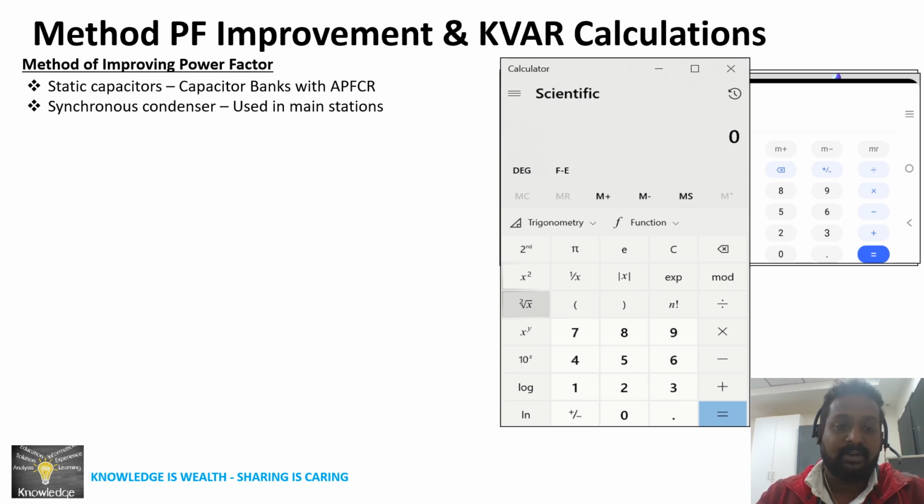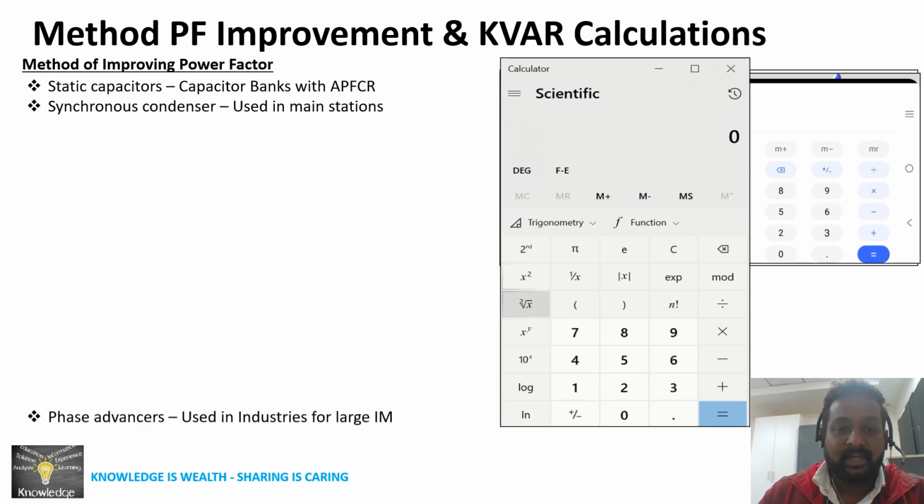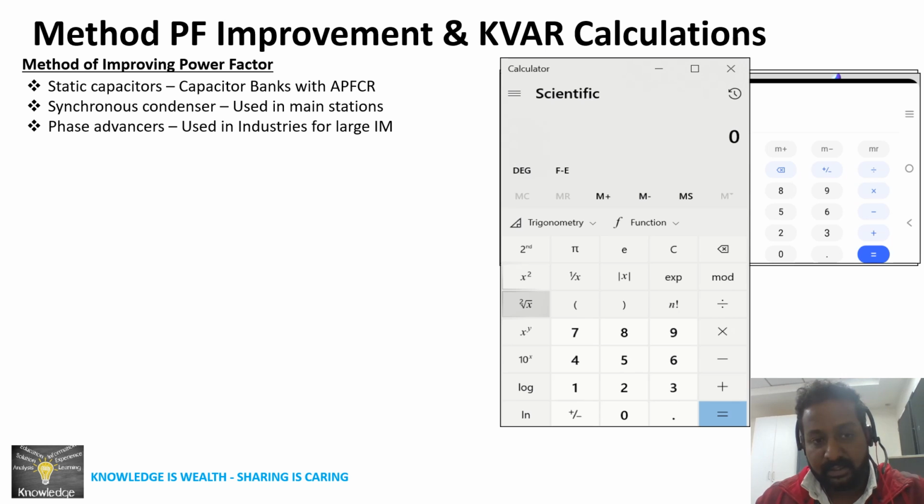A synchronous motor running with a leading power factor is simply connected to the grid to improve the power factor, mainly at receiving stations and substation areas. Next is the phase advancer, mainly used in factories where huge capacity induction motors are running at a very low power factor.